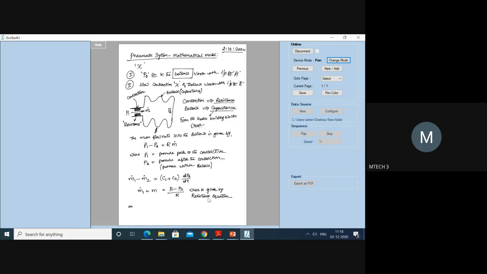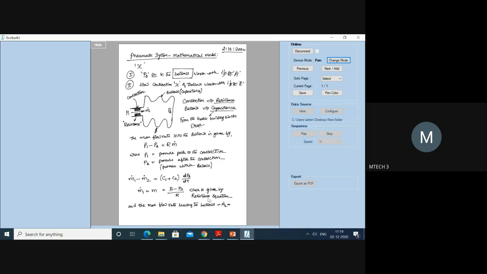And the mass flow rate leaving the bellows is equal to m2 dot.